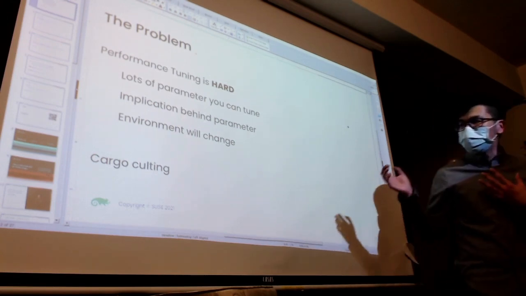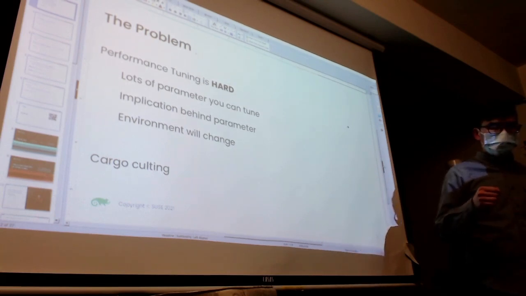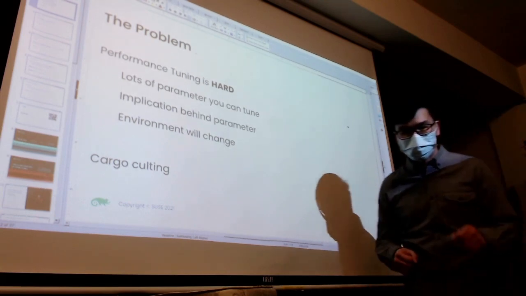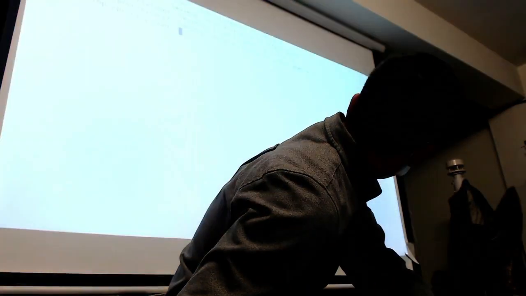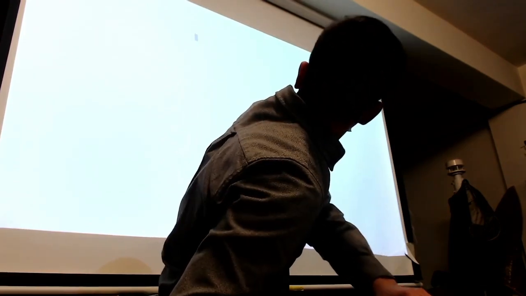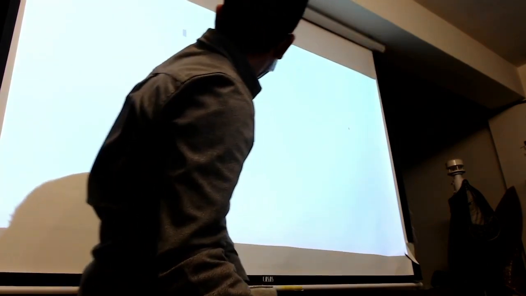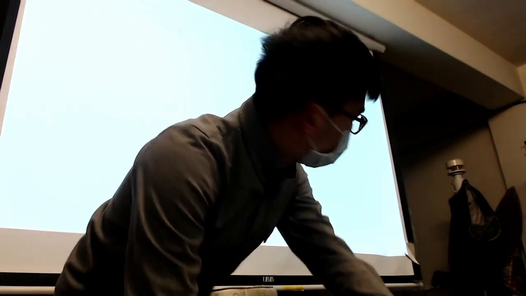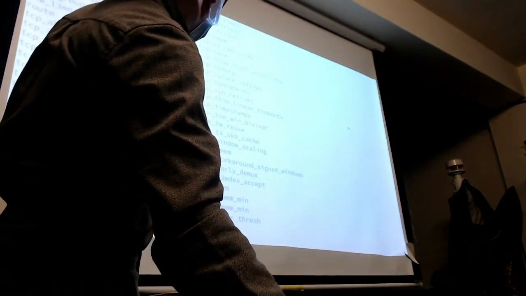And the last thing about the problem is that Linux has so many parameters. When I say Linux has a lot of parameters, I mean there are a lot of knobs you can tune. So for example, if you go to /proc/sys/net/ipv4, these are all individual knobs that you can tune.